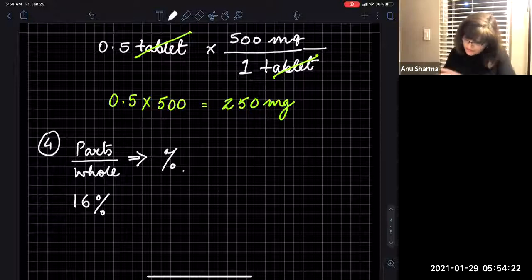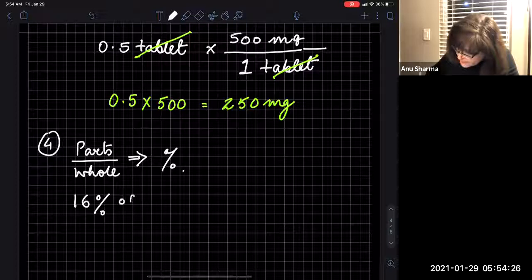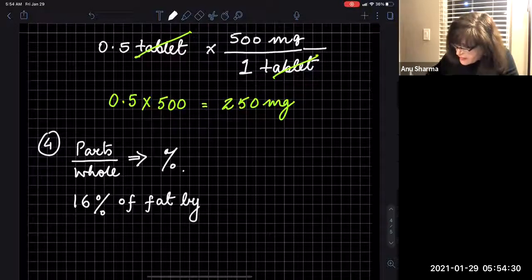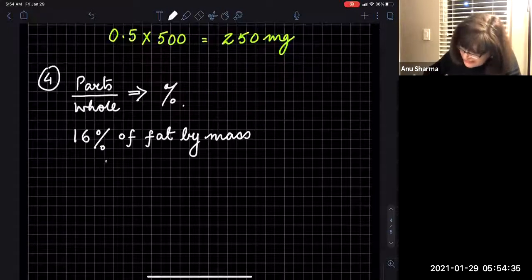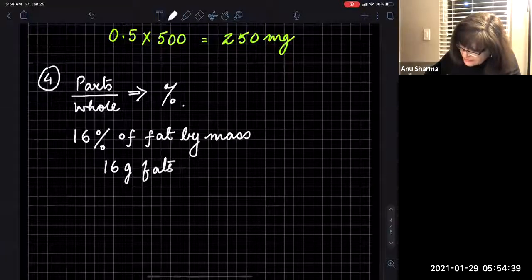16% of fat by mass. So what does this mean? This means that 16 grams of fat is present in 100 grams of total body weight.